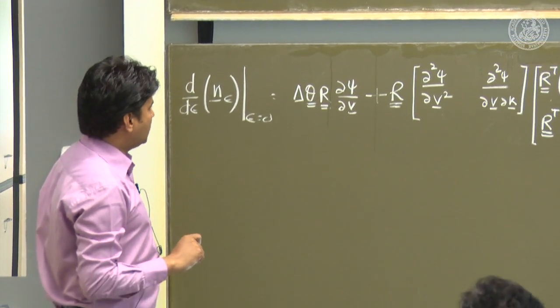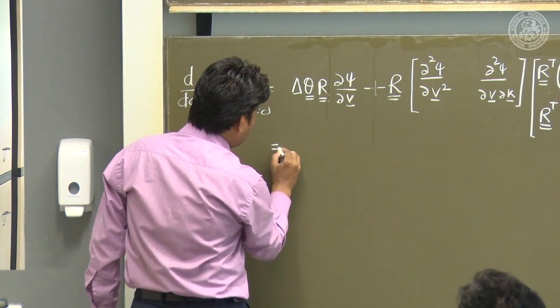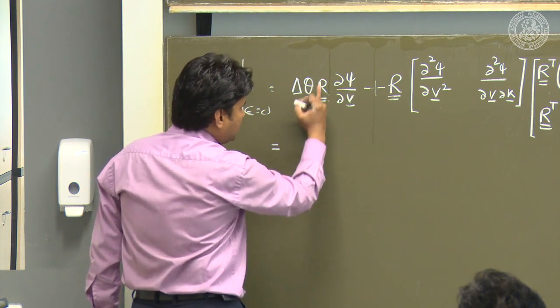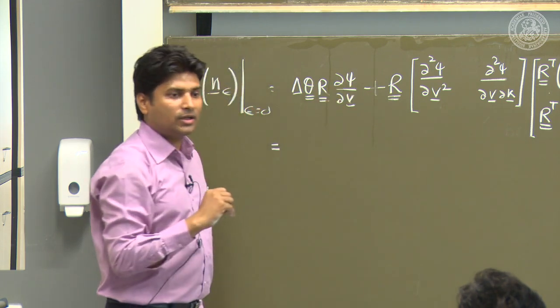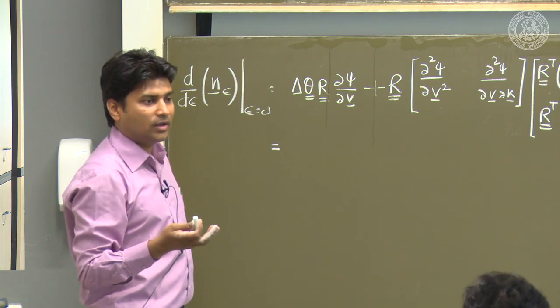All right, and then you further see that this is delta theta times big R del psi by del v. What is big R del psi by del v? That's nothing but your force N, right?